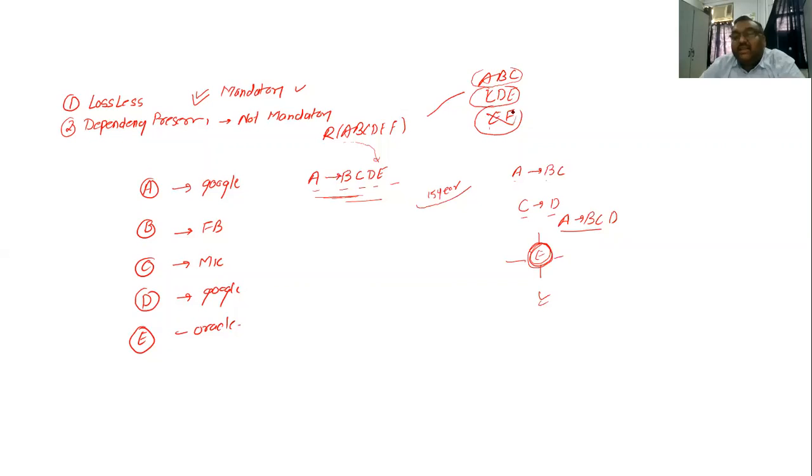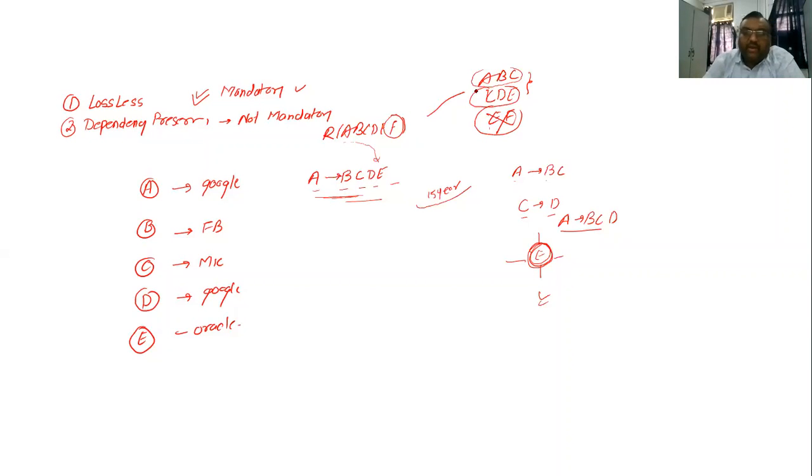But if I decompose it into just two tables, there is a loss of one attribute. You can relate this with lossless decomposition. So there are two aspects: one is that there is no loss of attributes, which is lossless decomposition, and the other is that there is no loss of functional dependency, which is dependency preserving.